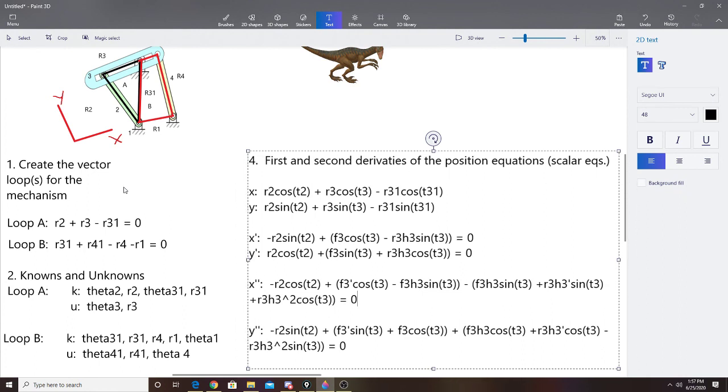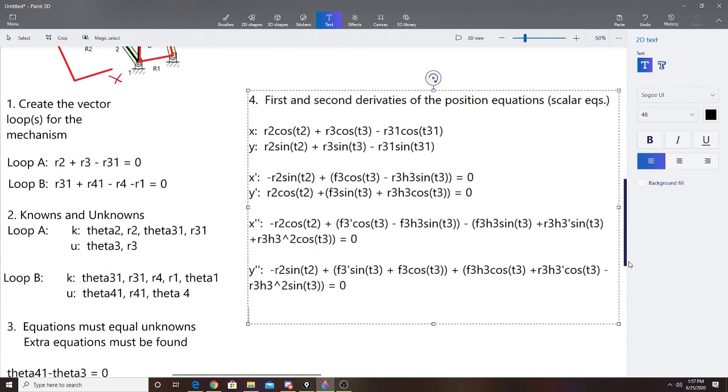You will have to figure that out yourself. And once you figure it out, you will have to then determine whether or not you have the proper knowns and unknowns to solve the question. If you do not have the right number of equations, you will have to find one yourself. And if you do not do that, there will be a penalty, obviously, because that's part of the question.